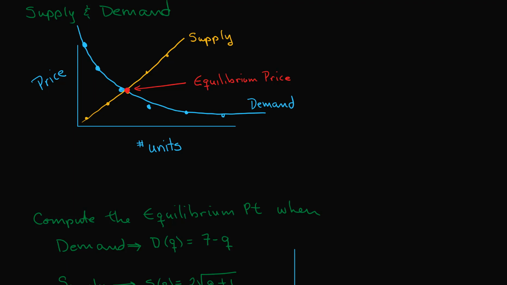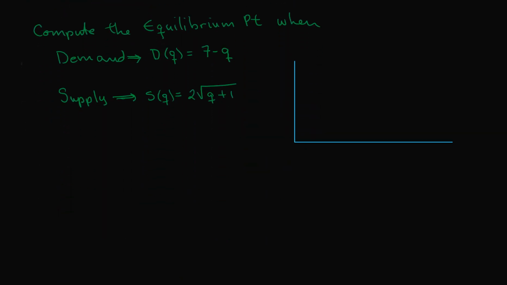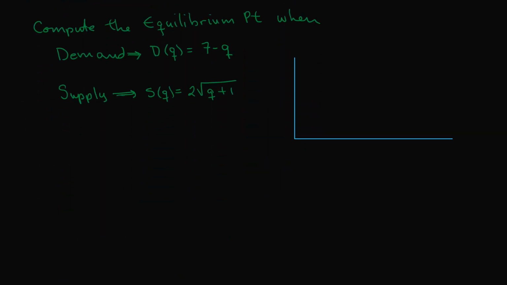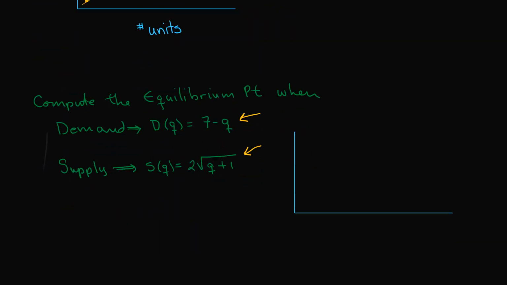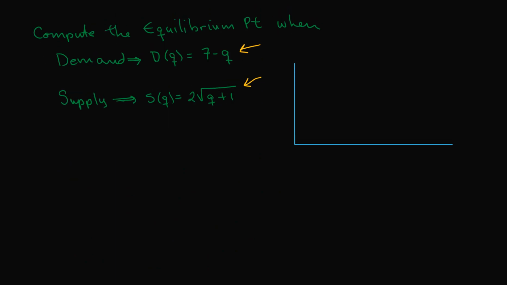Okay, with this in mind as a general idea, let's take a look at a specific example. In this case, you're asked to compute the equilibrium point or the equilibrium price when you have a demand function that's defined for you right here, and when you have the supply function right there. When you graph these, your demand function is a line.